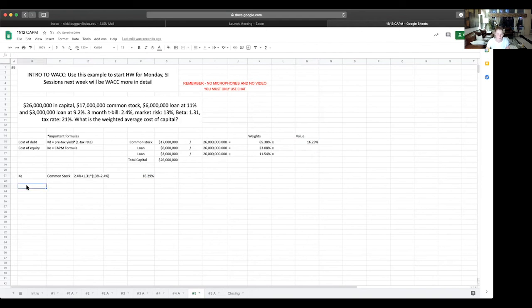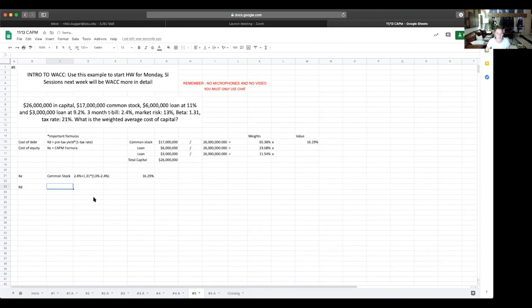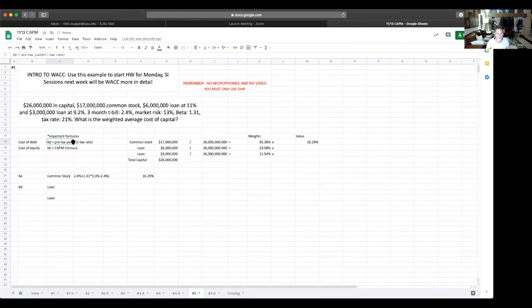Now we're going to look at the two loans to find their value. For loans, it's your cost of debt, and we're going to be using the cost of debt equation, which is up here: your pre-tax yield times 1 minus your tax rate.